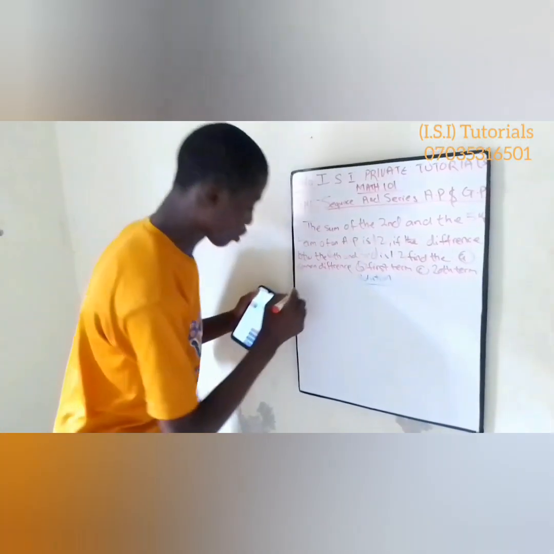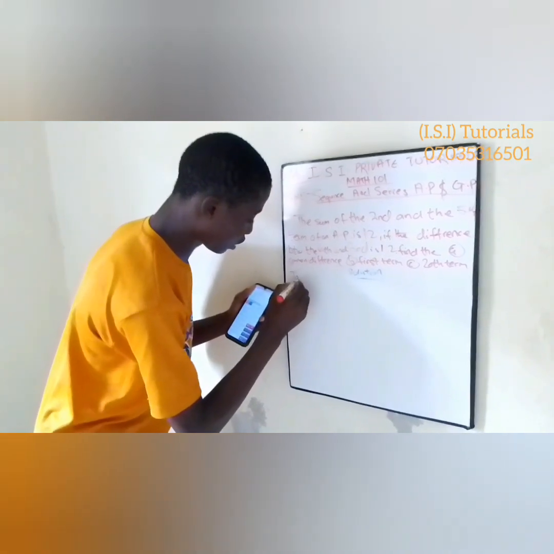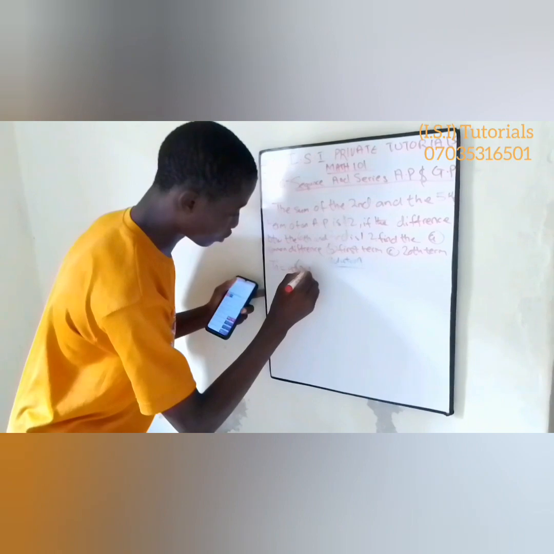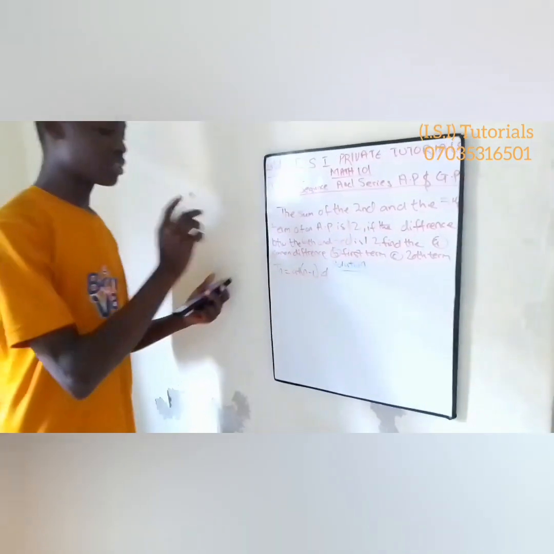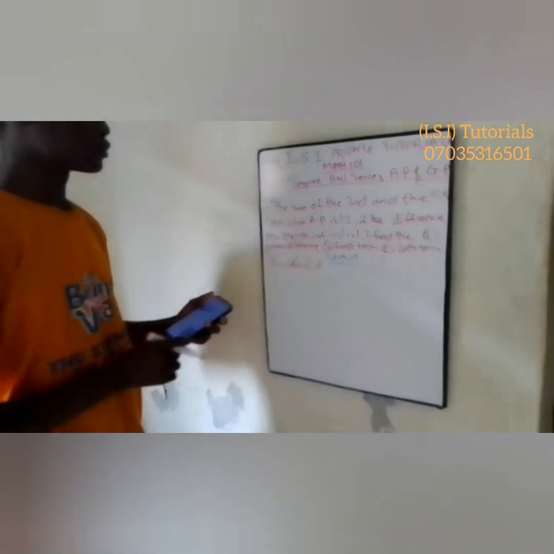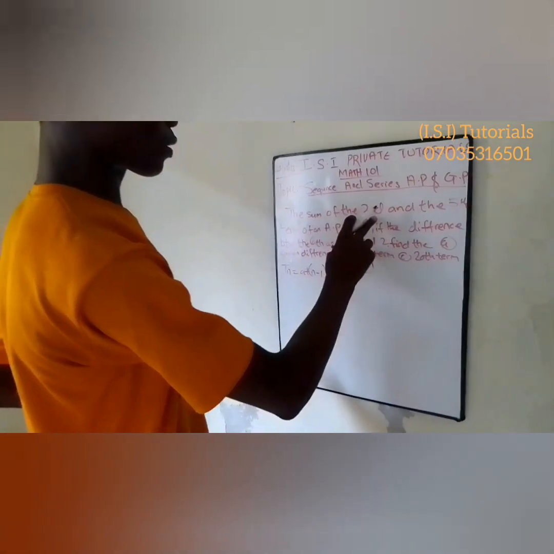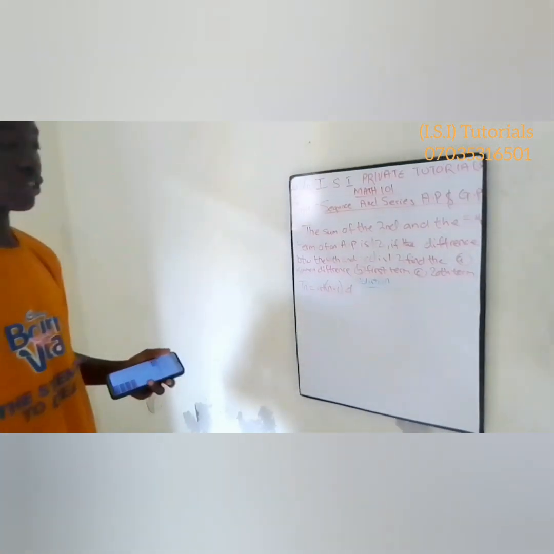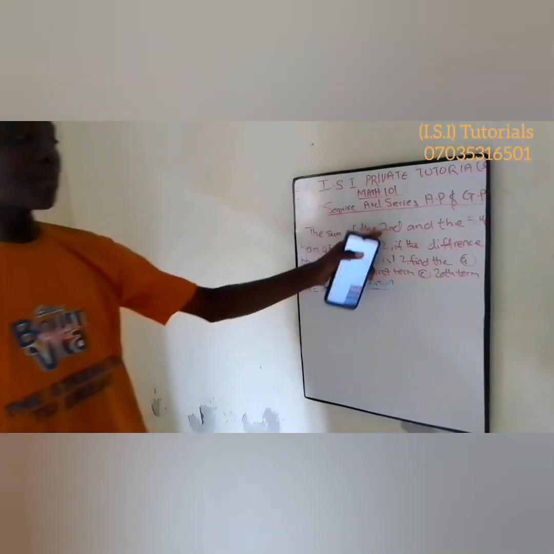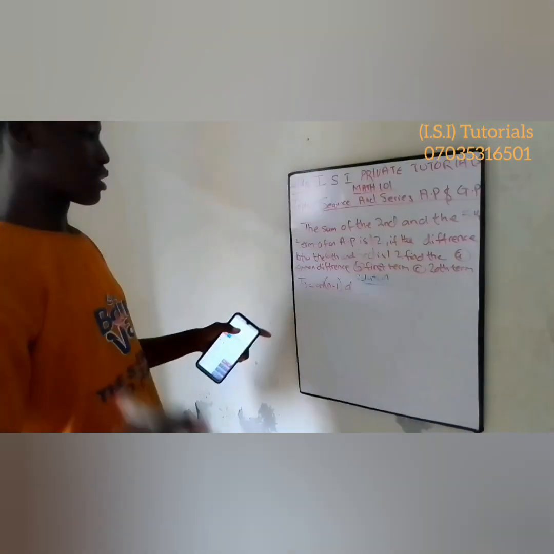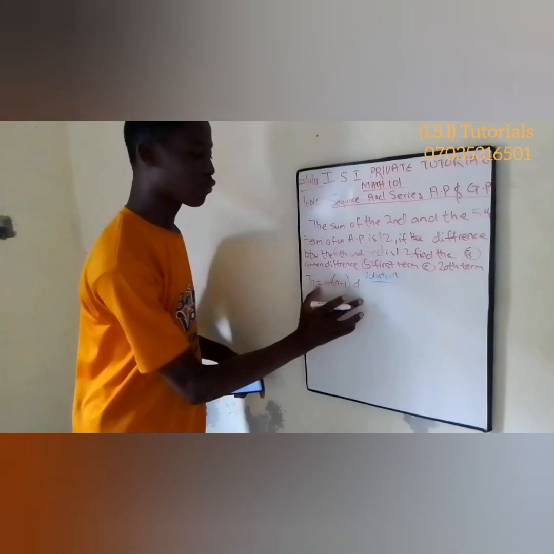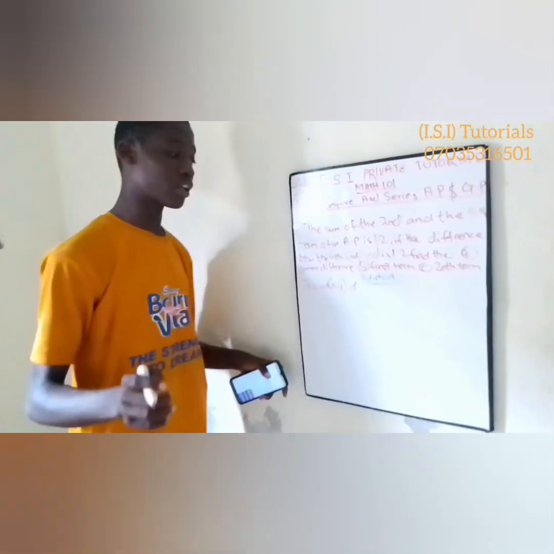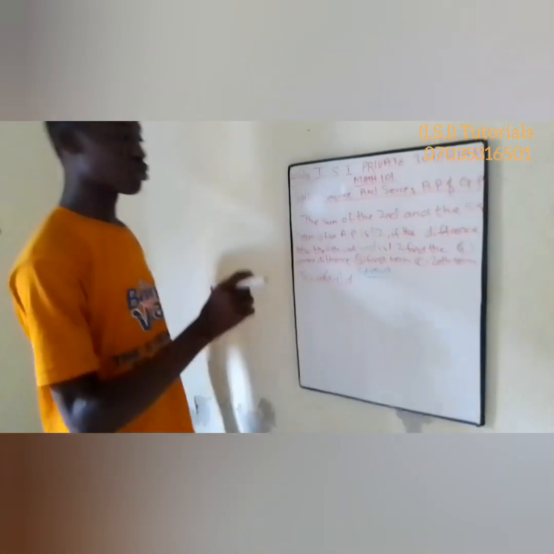I'm going to have the basic formula, which is Tn equals A plus (n minus 1)d. This is the basic formula. They said the sum of the second and the fifth term of an AP, an arithmetic progression or a linear sequence. I would have explained how to use this formula to find the second and fifth term, but because of time, I'm just writing it now.